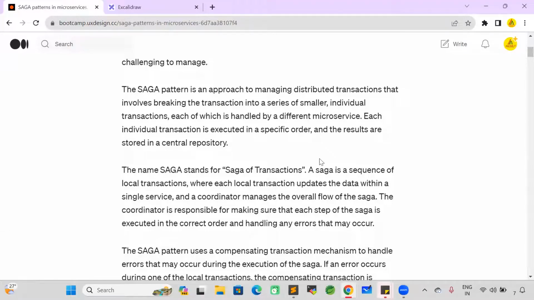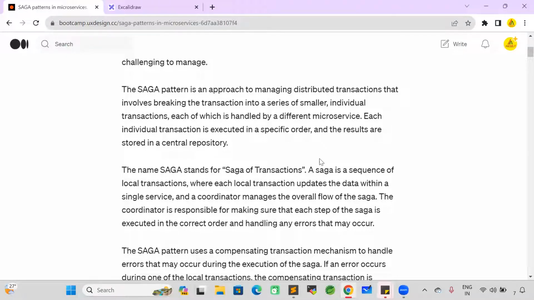The first microservice performs one transaction, then the second microservice performs one transaction. Based on the second service's transaction, we decide whether to commit or roll back the first transaction. When we have large complex transactions involving multiple services, we go for the SAGA pattern to manage the distributed transaction.